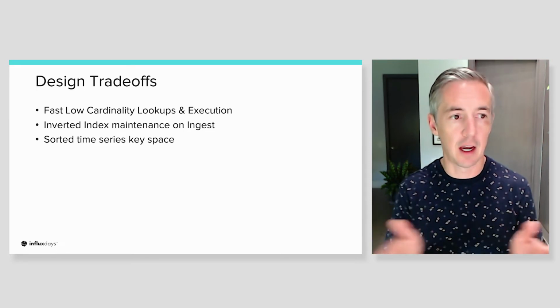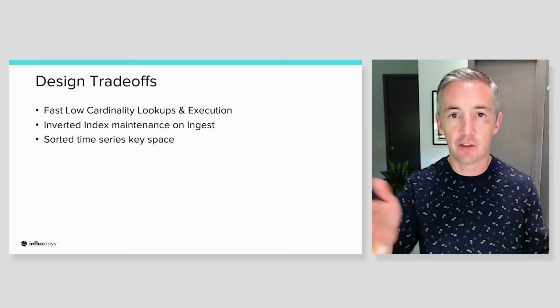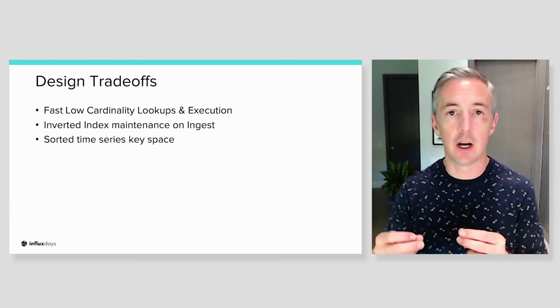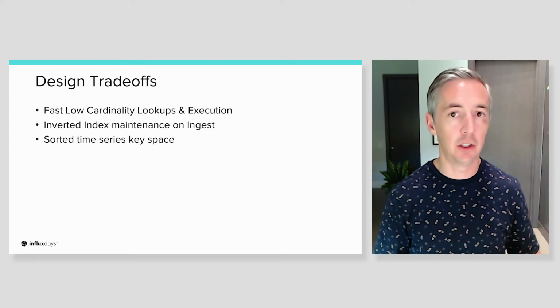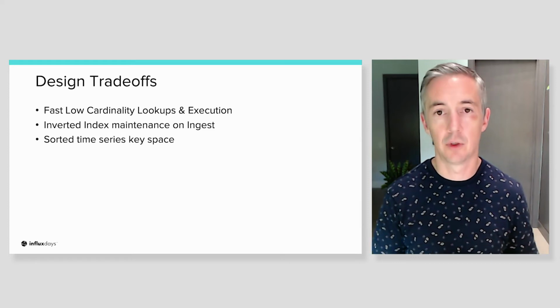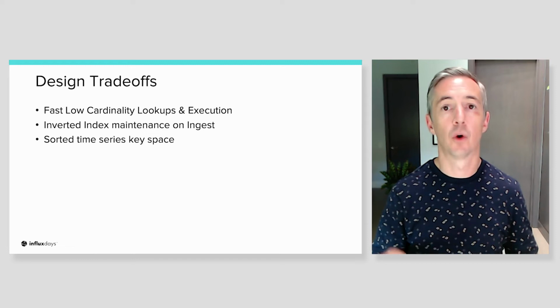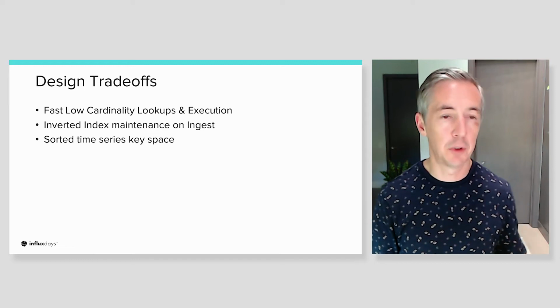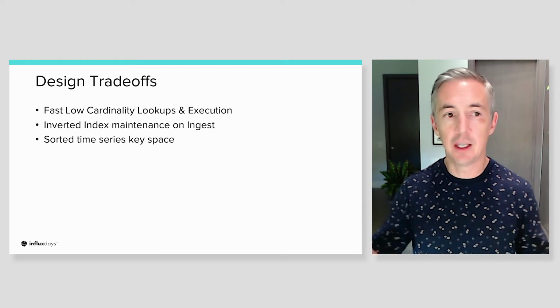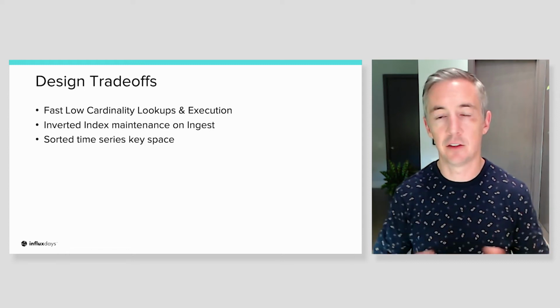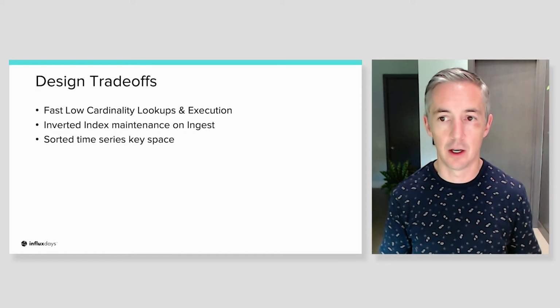And then the other piece of this is the way the data is sorted. We sort the entire time series key space, and we have to keep updating that. As you define new series, which by definition happens anytime you have a new tag value, a new tag, a new field or a new measurement, a new series is created. So we have to maintain a sorted key space so we can assign IDs to these things and keep that all organized.